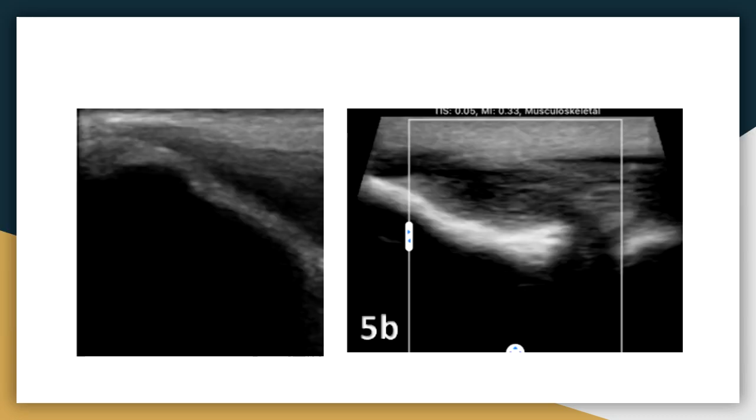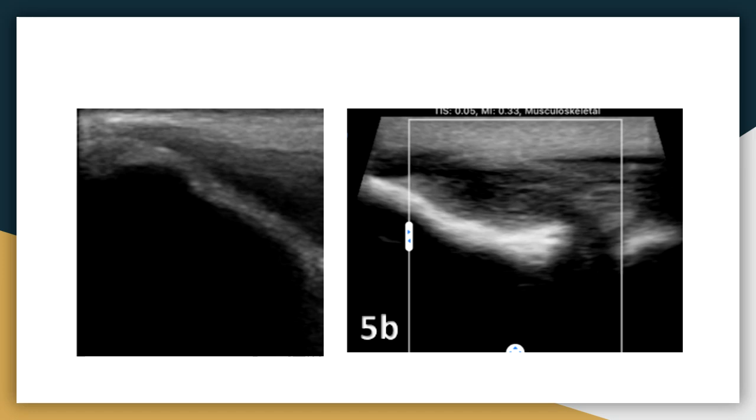On this slide, you can observe the normal and abnormal orientation of muscle fibers, or tendon fibers to be more specific. On the left side, you can see a nice straight parallel gray orientation of the fibers at the top of the picture, in the area where the common extensor origin is.